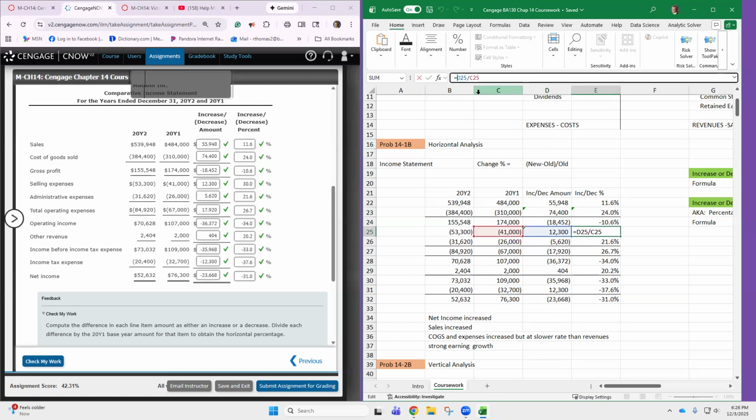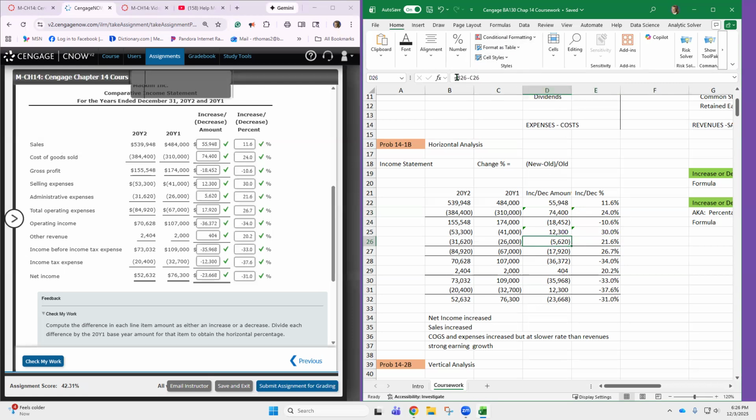For when these costs are going the opposite direction. Yeah. Because if costs go up, then it ought to be a positive percentage. If costs go up, positive percentage. If costs go up, it ought to be a positive increase.